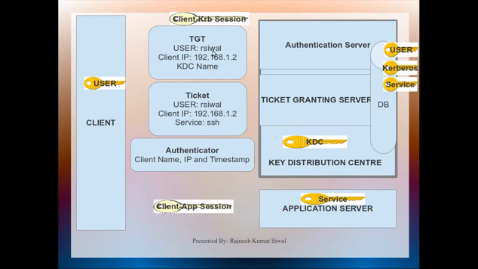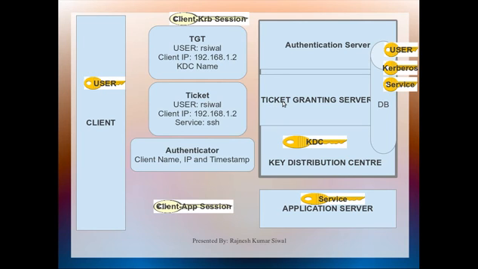And the second part that the user is going to send is the TGT, and altogether it will be encrypted with the session key. Now the TGT and the authenticator, encrypted with the session key, reach the ticket granting server.